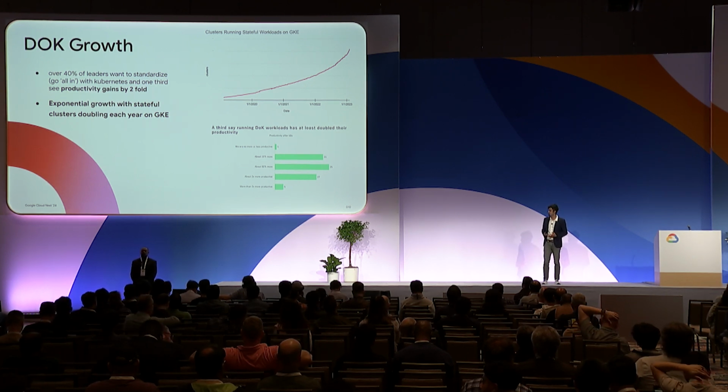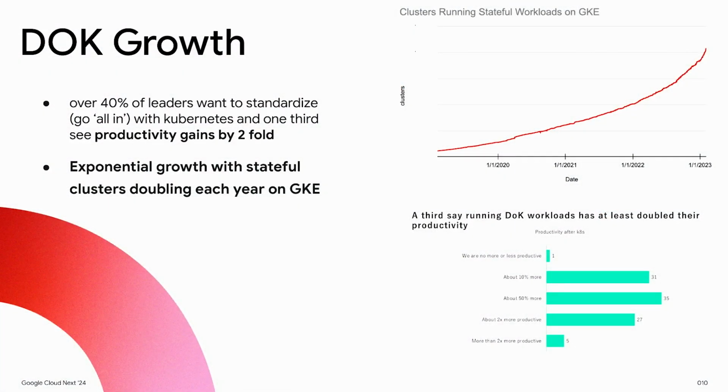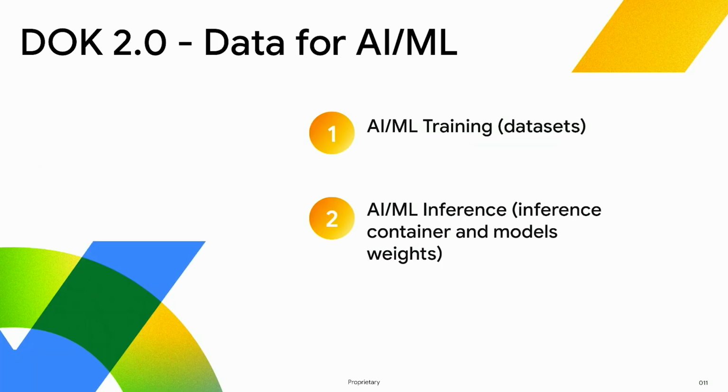The quantitative data is that since 2019, the number of clusters running data and stateful apps on GKE has doubled every year. As numbers grow, it's harder to sustain the growth rate, but we've been able to sustain it because we've really invested in making Kubernetes safe for stateful applications, and this has happened already. So now let's get on to the more exciting part. AI/ML is a big deal.